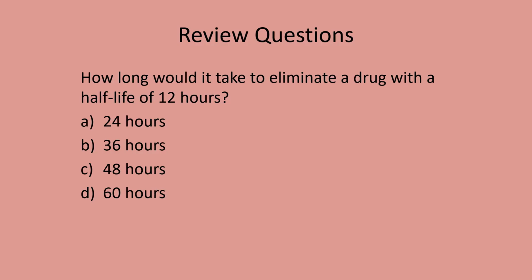All right, now it's your time to try. How long would it take to eliminate a drug with a half-life of 12 hours? Let's go back to the previous slide and see how long is required to eliminate a drug. So how many half-lives does it take to eliminate a drug? You have to read the previous slide.